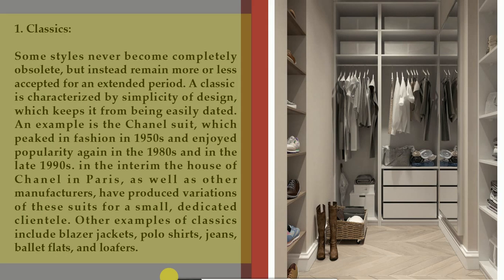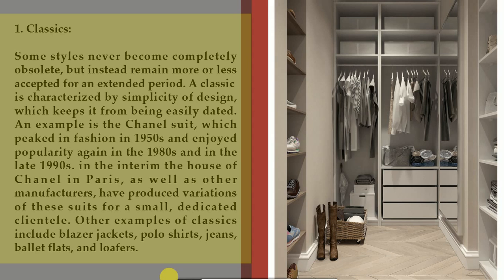1. Classics. Some styles never become completely obsolete, but instead remain more or less accepted for an extended period. A classic is characterized by simplicity of design, which keeps it from being easily dated. An example is the Chanel suit, which peaked in fashion in the 1950s and enjoyed popularity again in the 1980s and in the late 1990s.